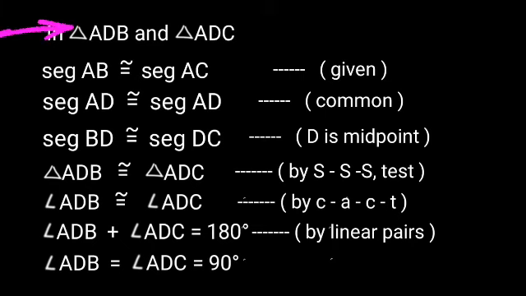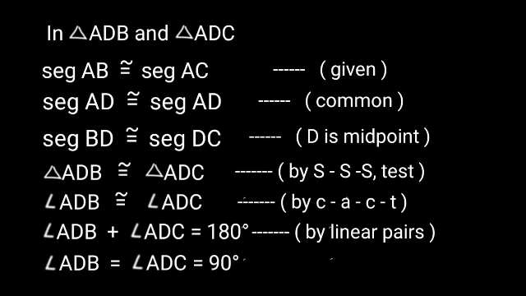In triangle ADB and triangle ADC, segment AB is congruent to segment AC, that is our given. Segment AD is congruent to segment AD, this is common. Segment BD is congruent to segment DC because D is the midpoint of BC. Hence, triangle ADB is congruent to triangle ADC by SSS test.